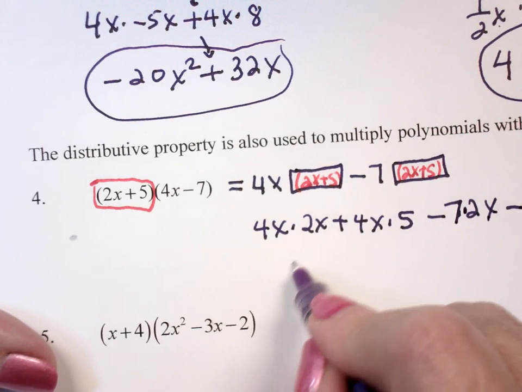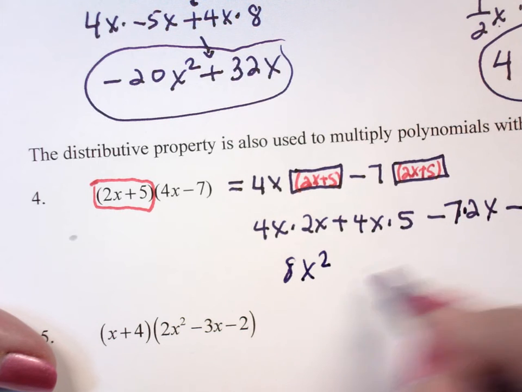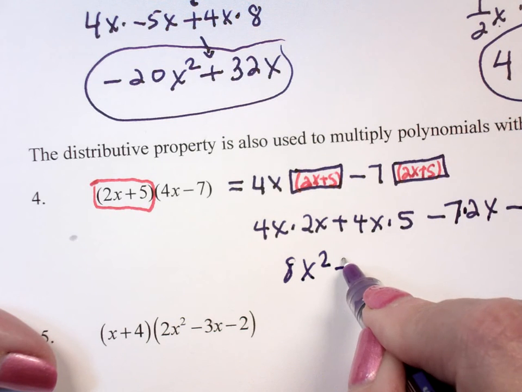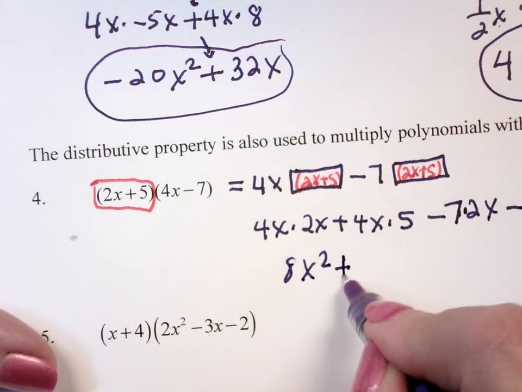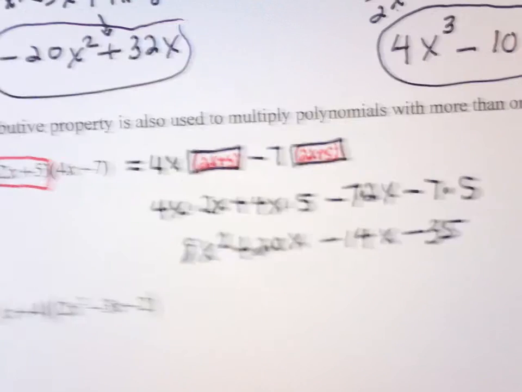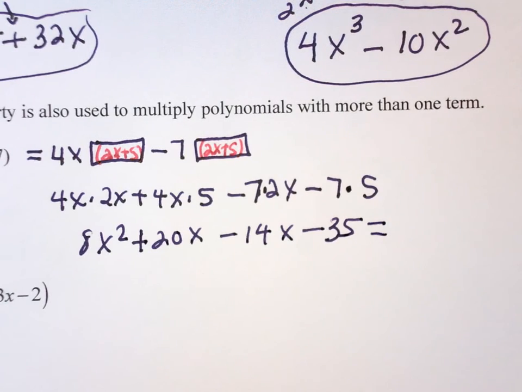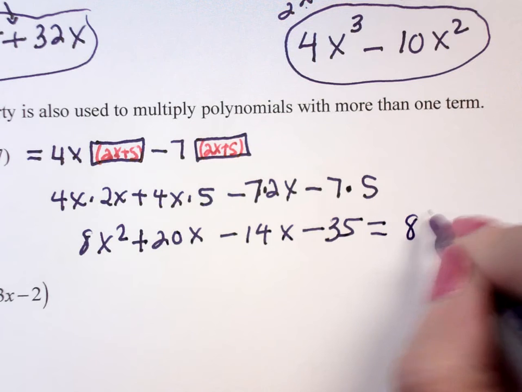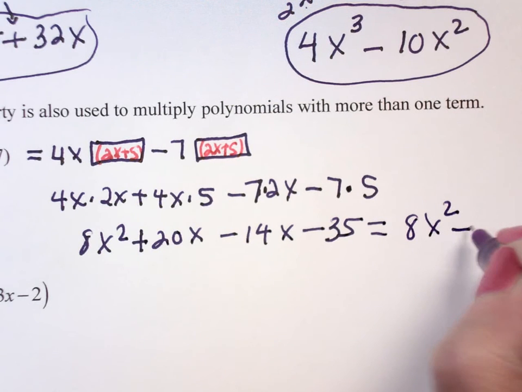So this becomes an 8x squared plus 20x minus 14x minus 35. Which is 8x squared plus 6x minus 35.